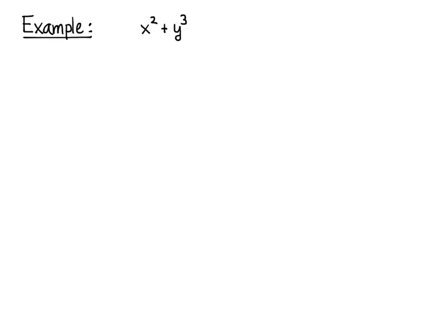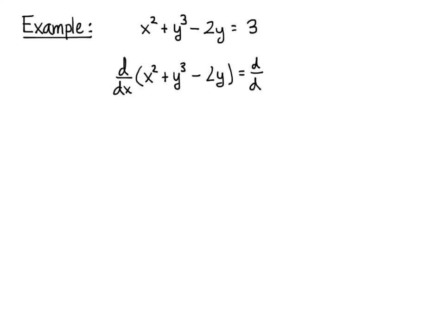So I'll go through a few more examples. Here's that first graph that I drew that looks like the silhouette of a ghost. Okay, I'm going to take the derivative of both sides. The derivative of x squared is just 2x.